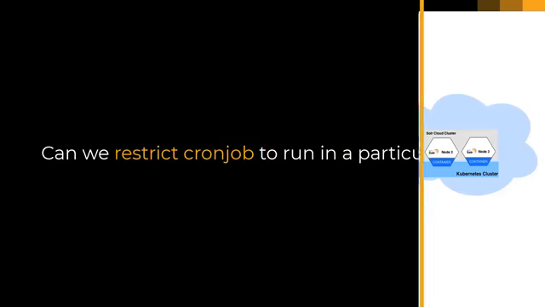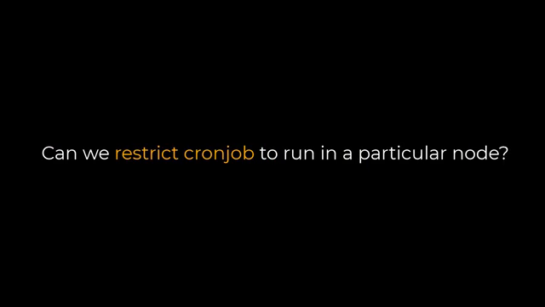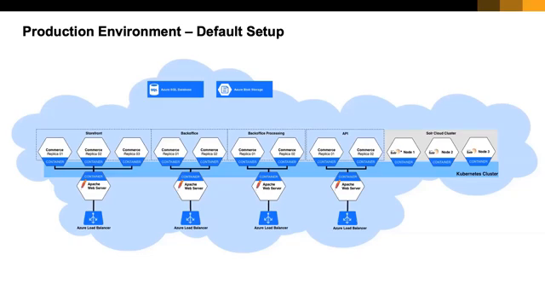Can we restrict a cron job to run in a particular node? By particular node, I think you want to say, let's say that you have two API nodes or background processing nodes in these aspects. You're asking how can we run in a specific node, right? I think it might not be possible because in CCV2, you can specify properties per aspect, but you cannot specify properties per node.